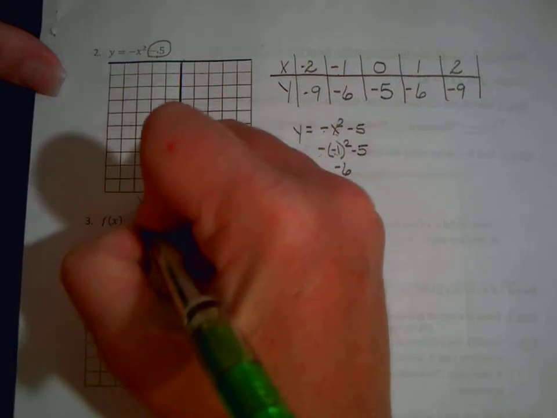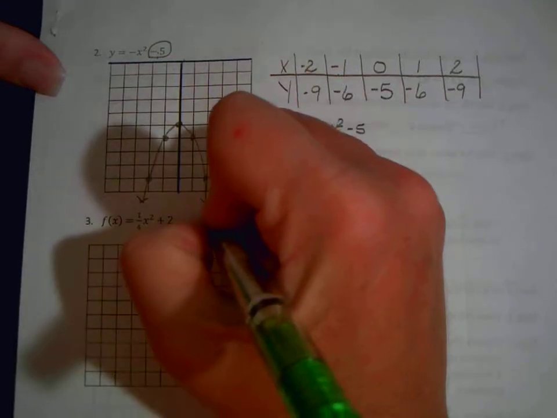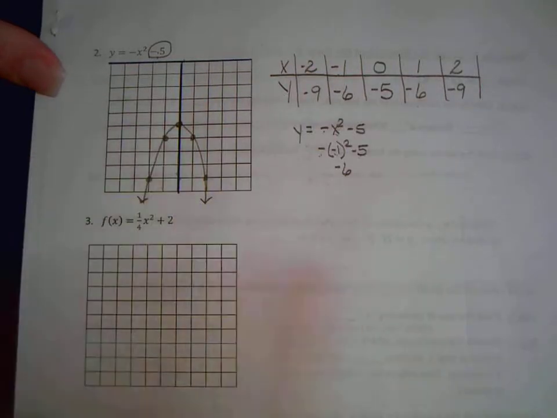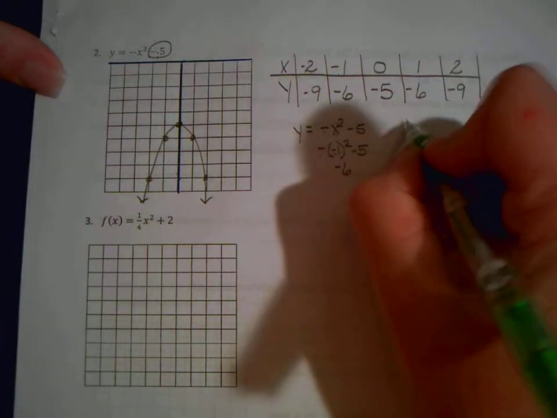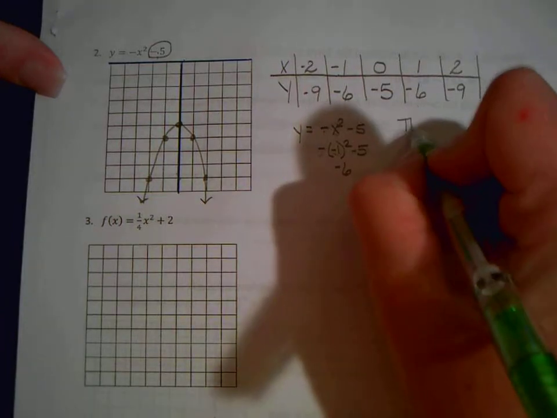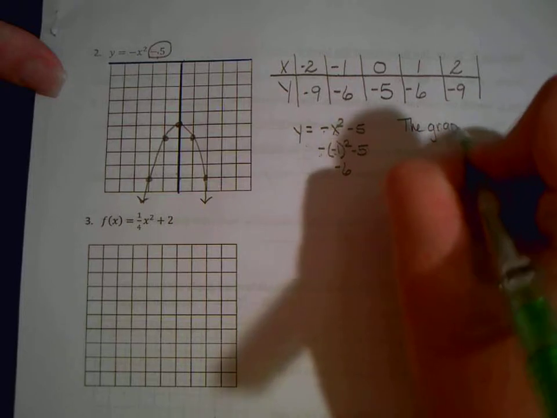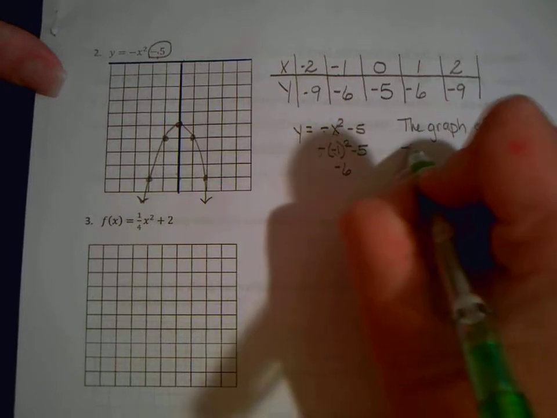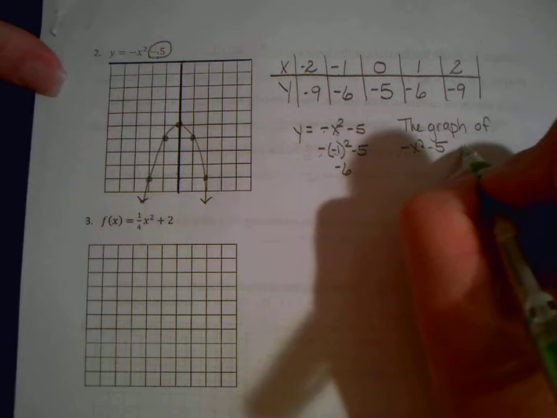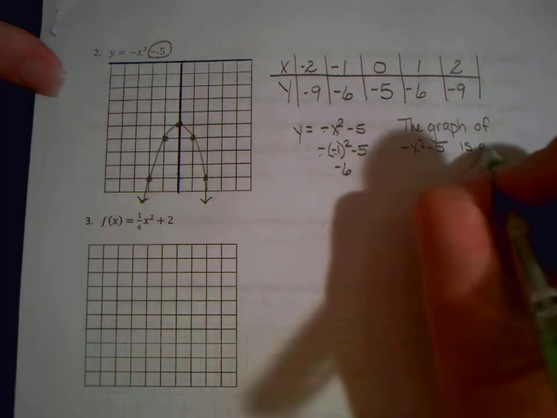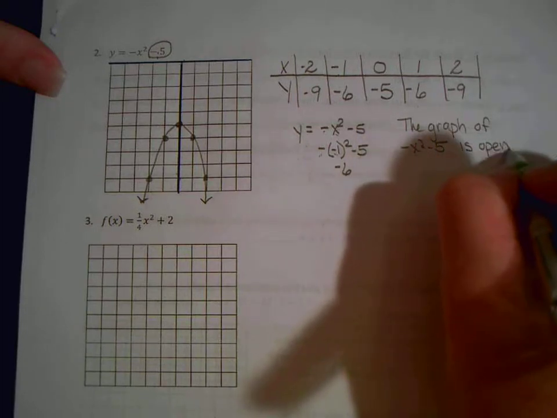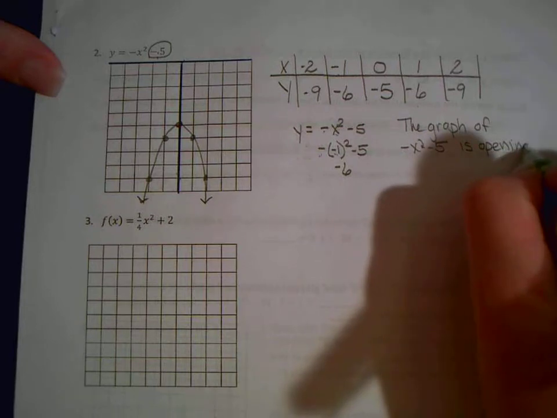Okay, again, shifts down. So then if back in the directions say compare it. So this one in this case is the graph of -x squared minus 5. It is opening down, or opens down, whatever you want to write.